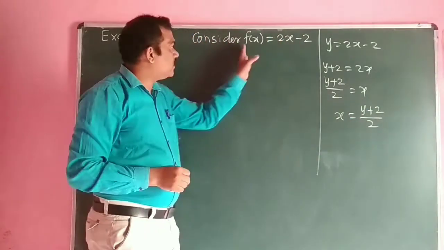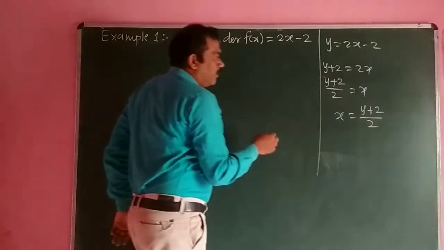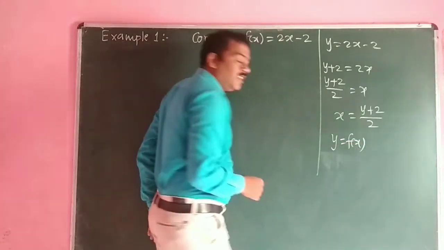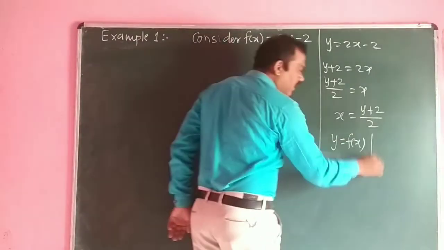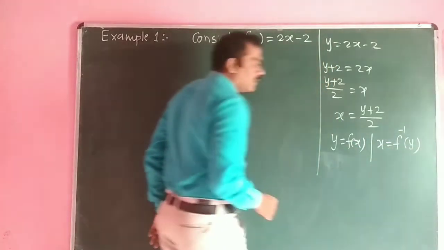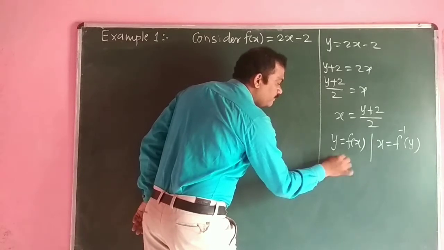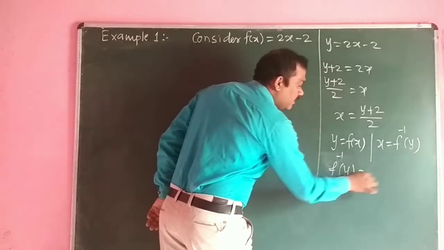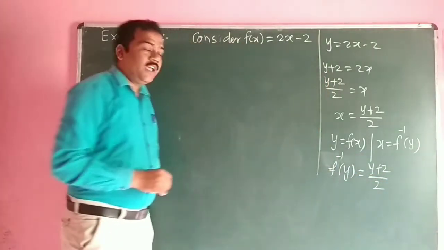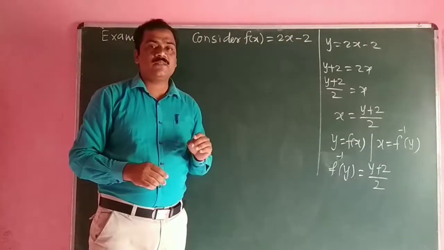If y is equal to f of x is the original function, then its inverse function, as we already discussed, is x is equal to f inverse of y. It means that f inverse of y is equal to (y plus 2) divided by 2. Here the original function is f of x is equal to 2x minus 2.